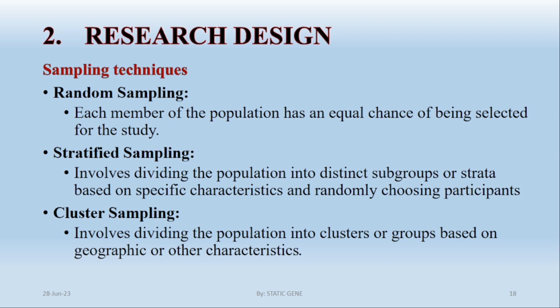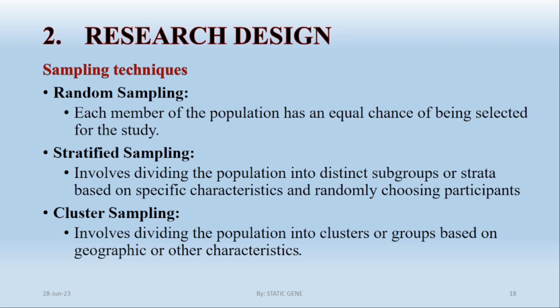In random sampling, each member of a population has an equal chance of being selected for the study. If you go to a class of 100 people and you want to pick 10 people randomly, everybody by that time will have an equal chance of being selected.